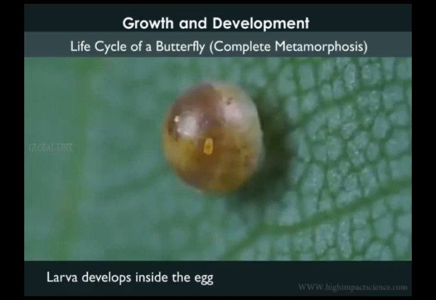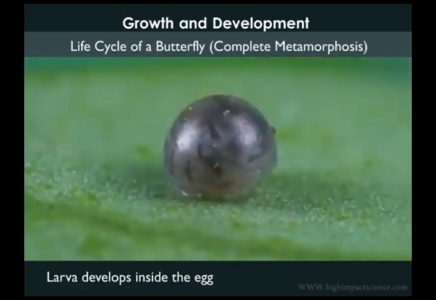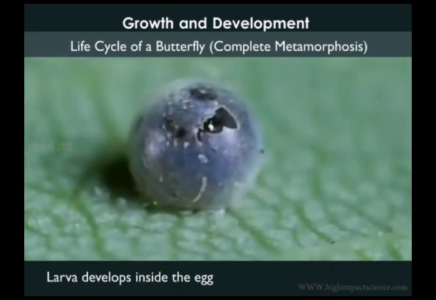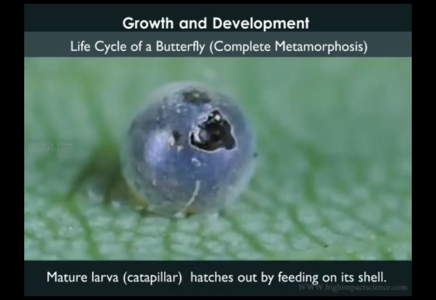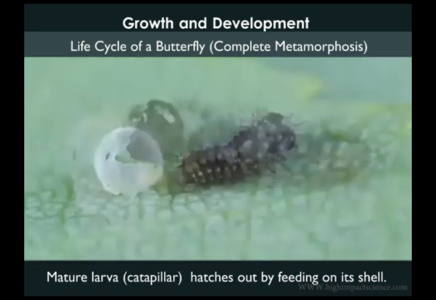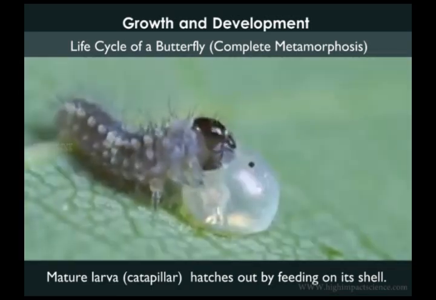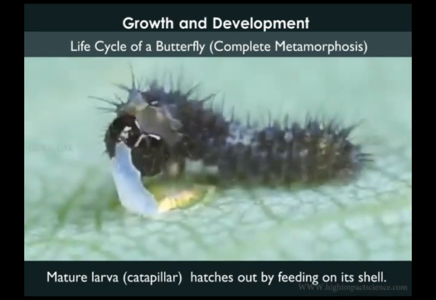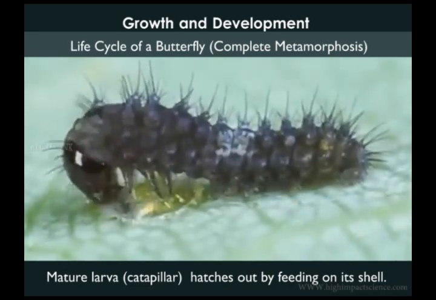Inside the egg, the larva starts to develop. And once fully developed, it hatches by feeding on its own shell. In fact, once it is out, the larva, also called a caterpillar, completely feeds on the remaining shell.